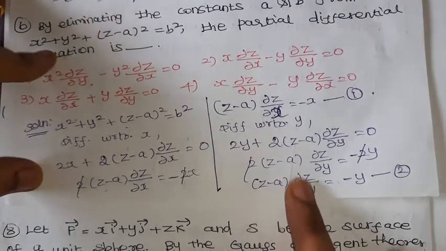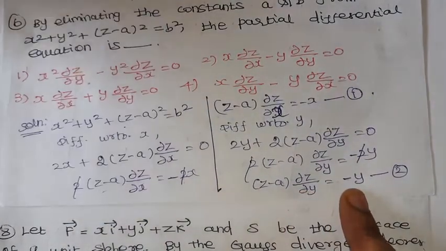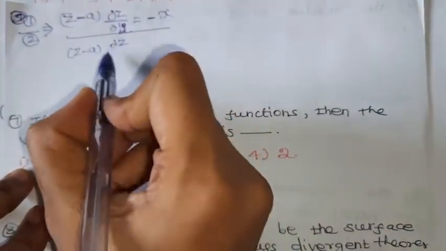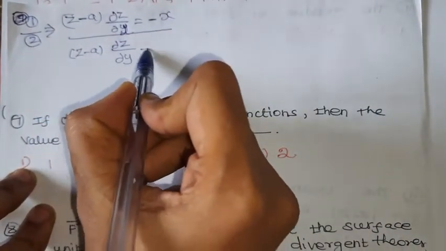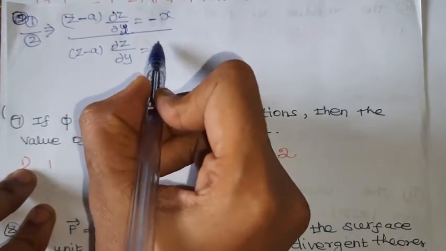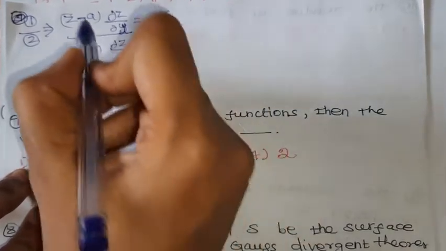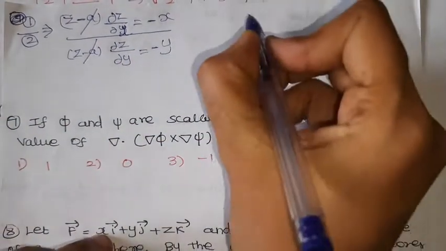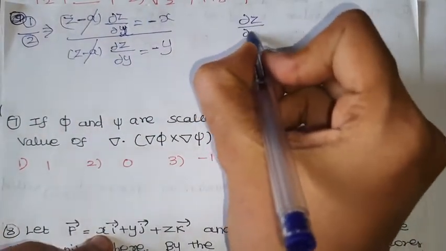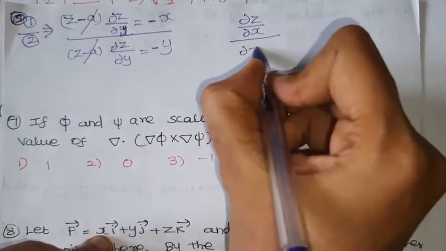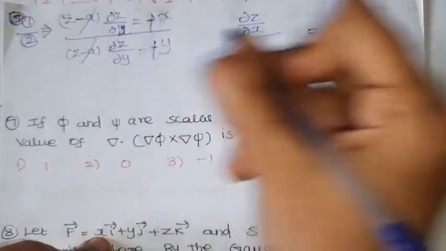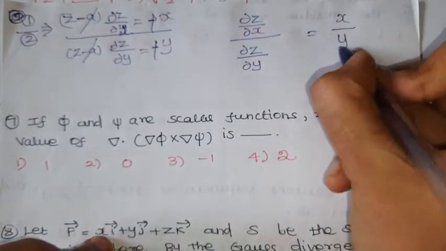Similarly, (z minus a) into dou z by dou y equal to minus y. So this and this will get cancelled. What is here? Dou z by dou x divided by dou z by dou y is equal to minus x by minus y, the minus terms cancel, x by y.